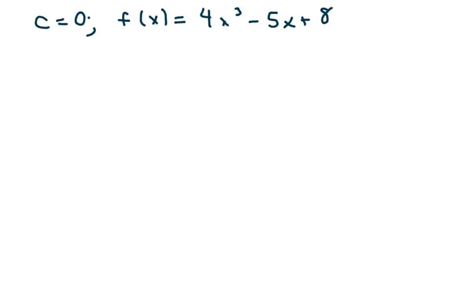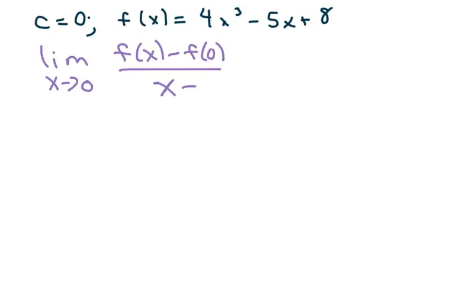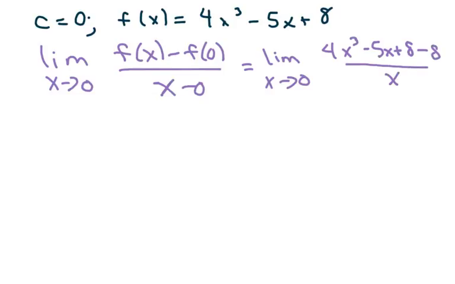Okay, the next one, the limit as x approaches 0 of f of x minus f of 0 over x minus 0 equals the limit as x approaches 0 of 4x cubed minus 5x plus 8 minus 8 over x, which gives us the limit as x approaches 0 of 4x cubed minus 5x over x.